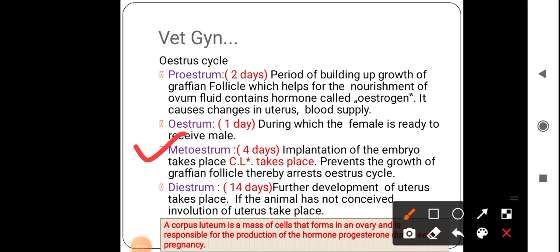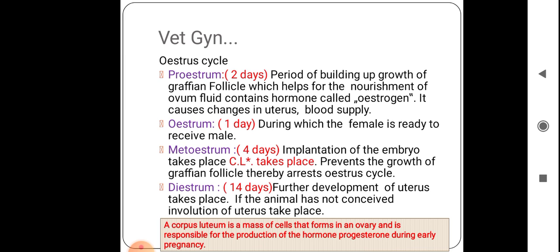If the animal conceives, the embryo will be implanted. The corpus luteum will form, and this corpus luteum will prevent the growth of the Graafian follicle, thereby arresting the estrus cycle.